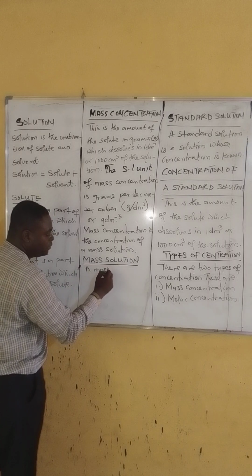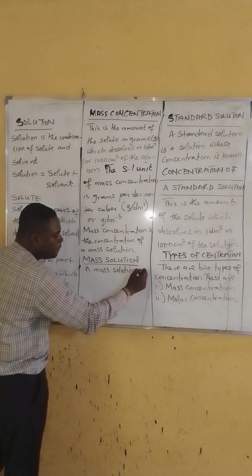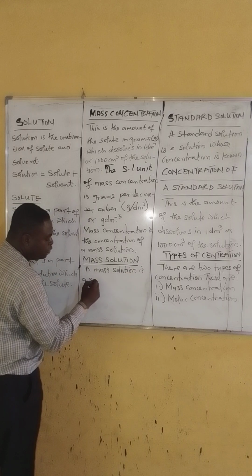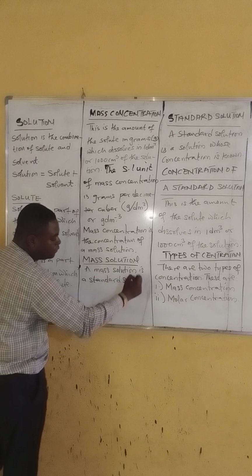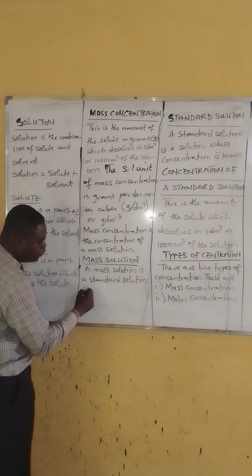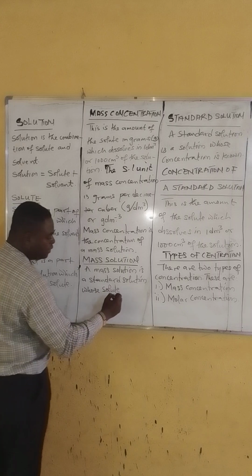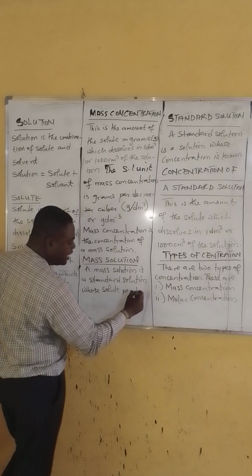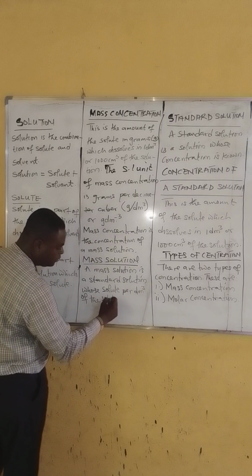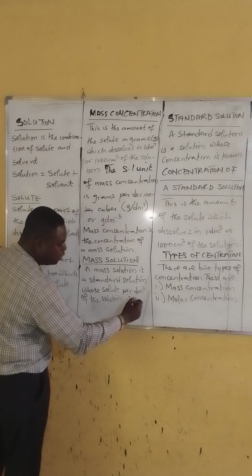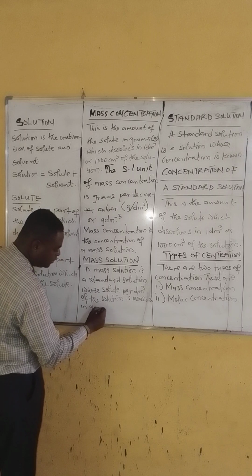A mass solution or gravimetric solution is a standard solution whose solute per dm³ of the solution is measured in grams.